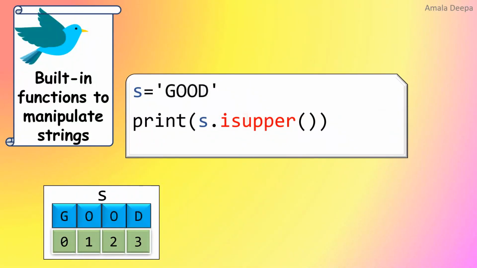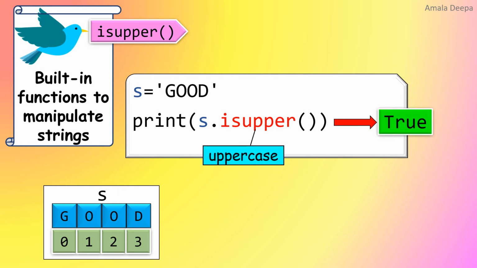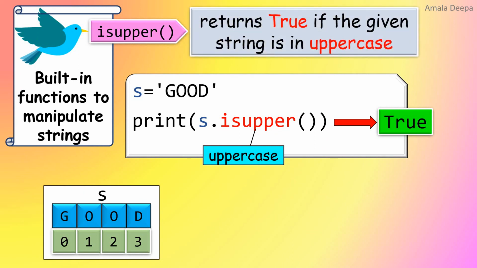Next is the isUpper function. Here the output is true because the string S contains all the characters in uppercase. The isUpper function returns true if the given string is in uppercase.